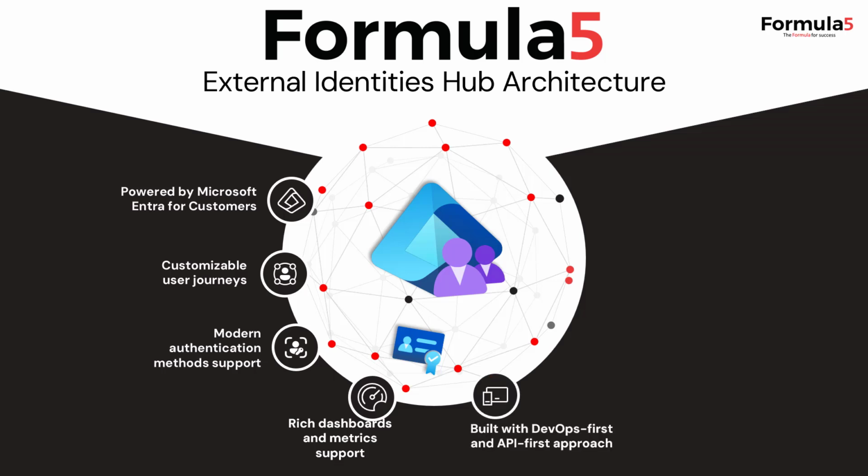Built with DevOps first and API first approach. That's very important. When we were architecting and designing External Identities Hub Architecture at Formula 5, we wanted to be sure that it would be easy to implement, easy to add additional components to, and easy to deploy as a whole platform.